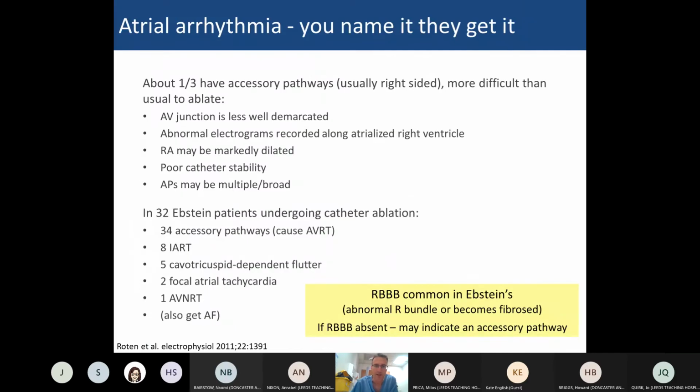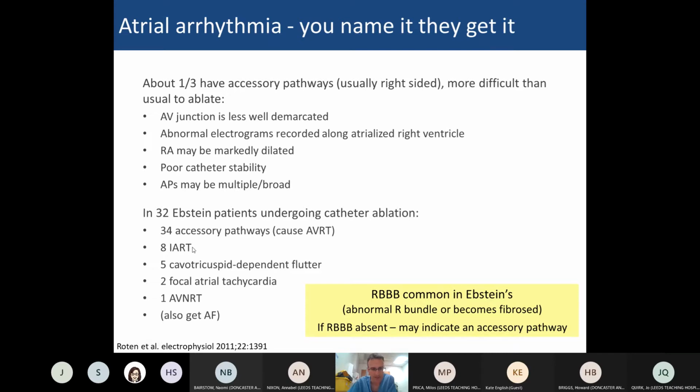In terms of atrial arrhythmia, the basic rule here is that if there's a form of atrial arrhythmia, you can get it with Ebstein's. About a third of them have accessory pathways, usually on the right side, and for various reasons, they're potentially challenging to ablate compared to usual accessory pathways.